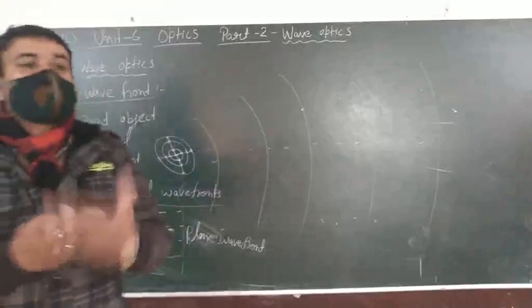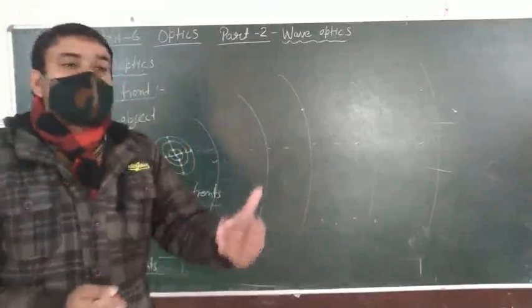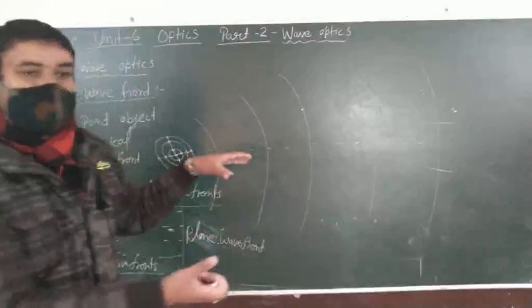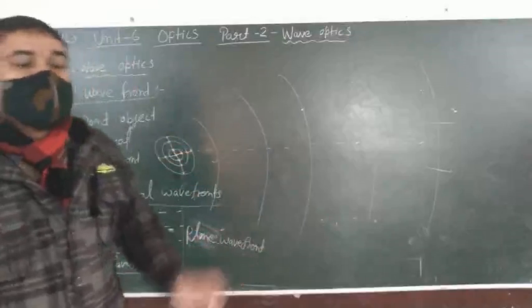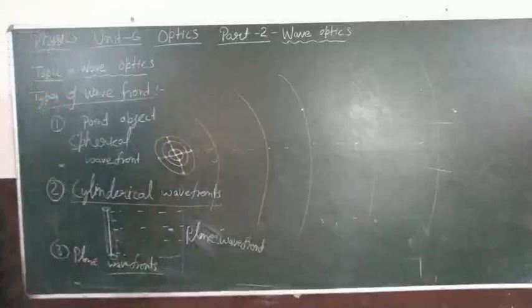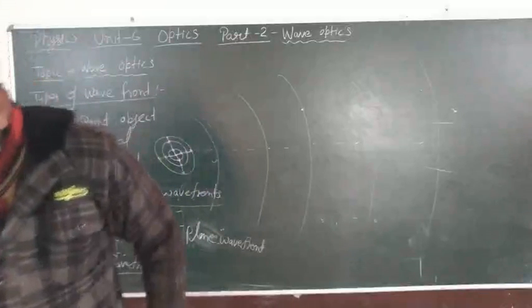When these sources are very far from the point of observation, then the rays or waves coming from them behave as a plane wavefront. Okay, so these are the types of the wavefront. Clear?